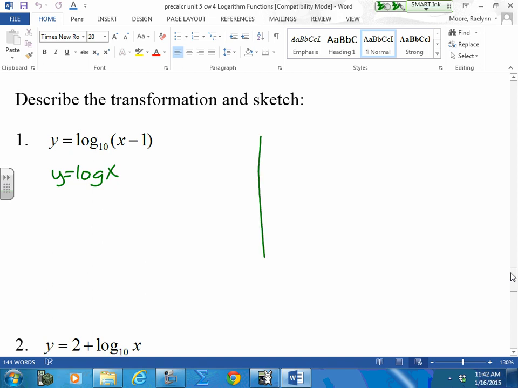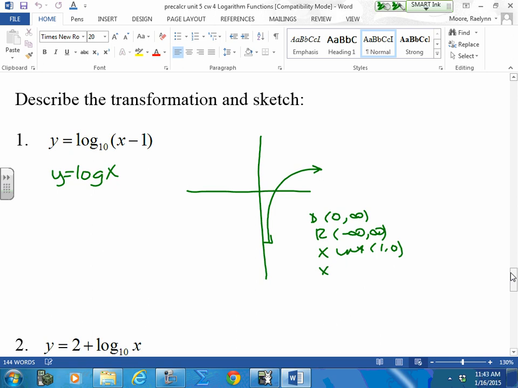So I start with my parent graph. My domain, my range, my x-intercept, and my x-asymptote. Okay? And what am I going to do to it? What transformation am I doing?